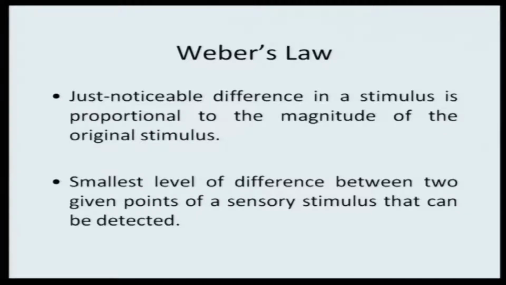So, there is a smallest level of difference between two given points of a sensory stimulus that can be detected. If you are able to realize the magnitude of the original stimulus, and the magnitude of the incoming stimulus is above this level, then the difference can be detected.